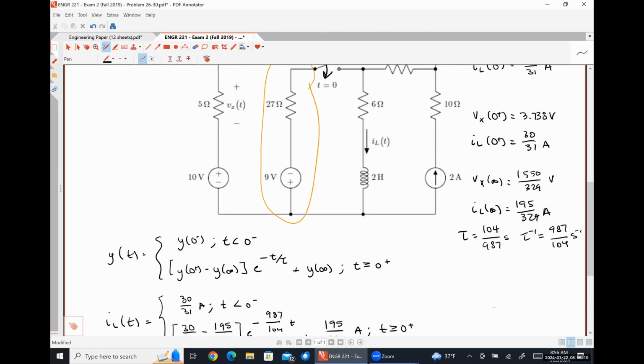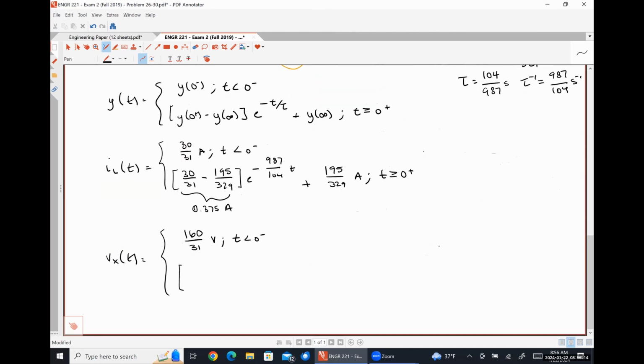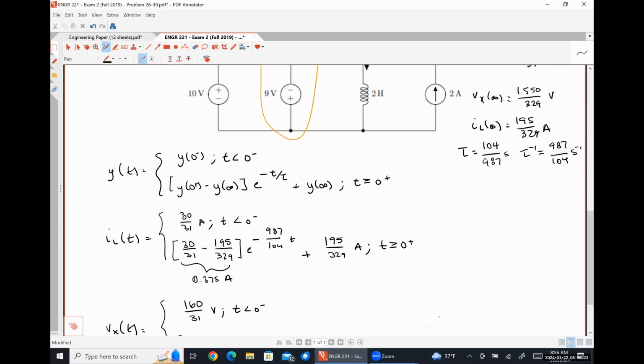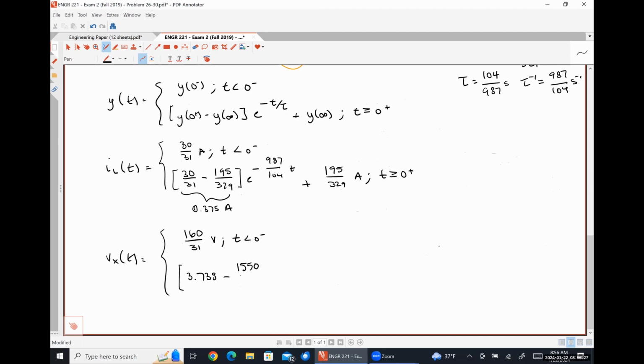Then we have the voltage at 0 plus, which was 3.738, minus the voltage at infinity, 1550 over 329, e to the minus 987 over 104 t, plus 1550 over 329 volts for t greater than or equal to 0 plus. 3.738 minus 1550 over 329 is negative 0.973 there.